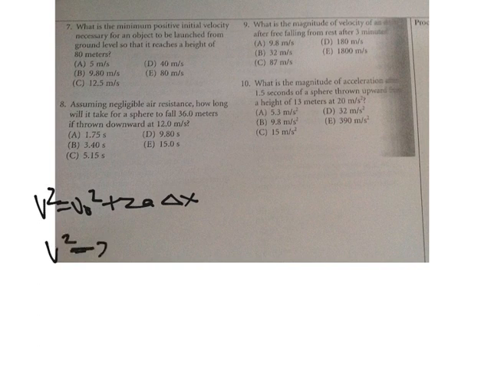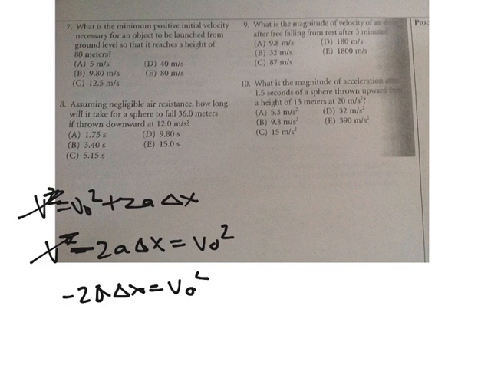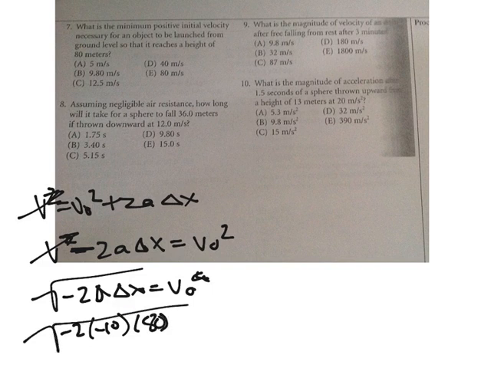You're essentially solving for the initial velocity, and we know that final velocity is 0 because it's at the top. And we can go ahead and plug in. Gravity's negative 10. We want it to go up 80 meters. Solve it, and that equals 40.